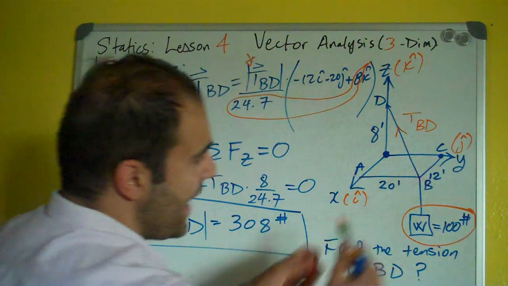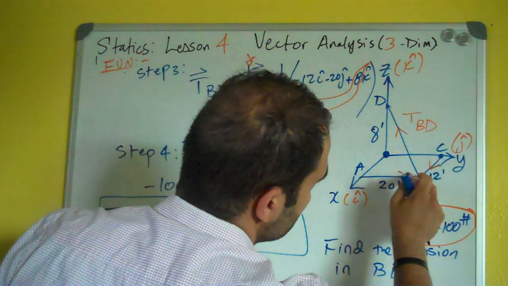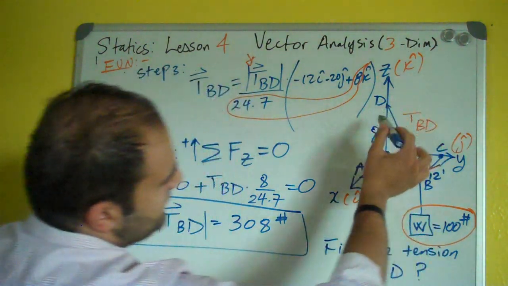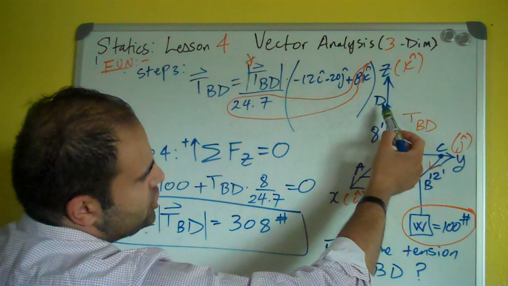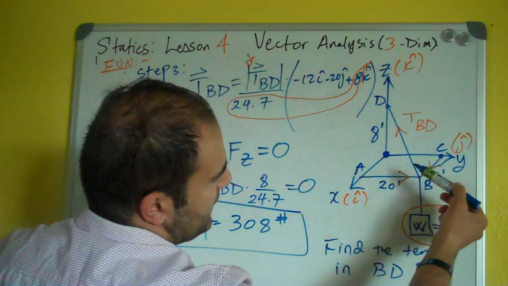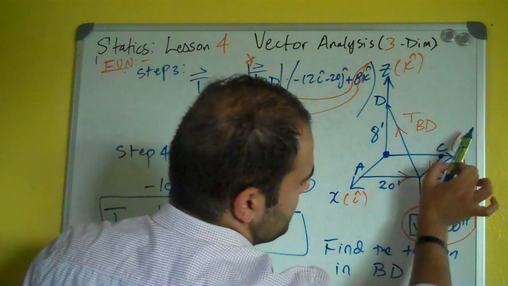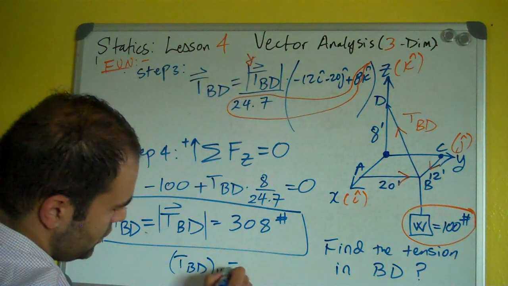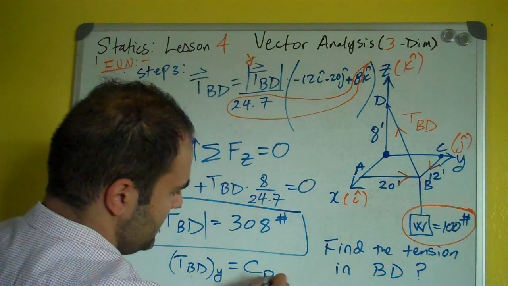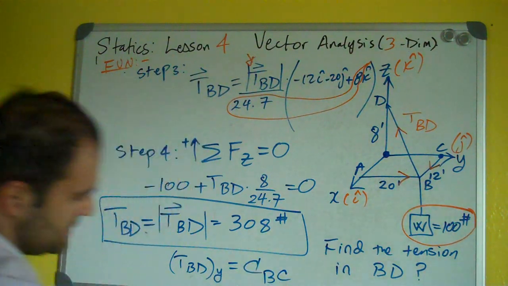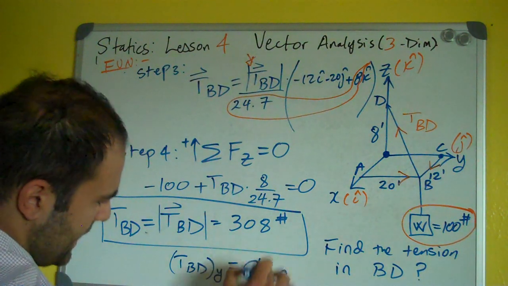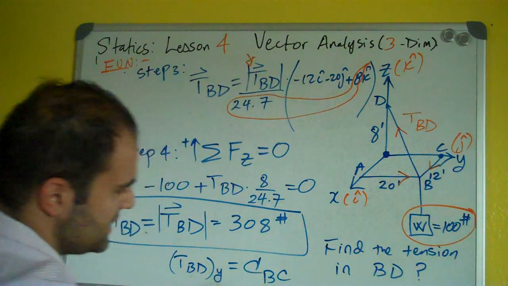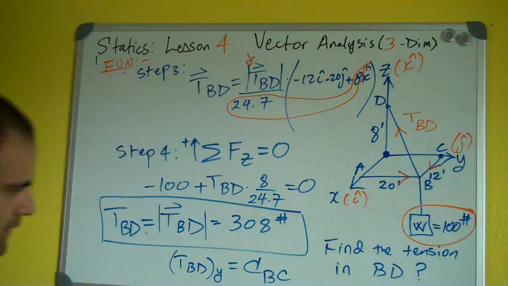If for some reason you're having compression forces here, then you are going to analyze or sum the forces in the x component and the y component. So you're going to have tension BD in the y equal the compression force in, for example, BC. The compression, always what I do, I write a C and put a circle around it, so it's denoting this is not a letter C, this is compression force.